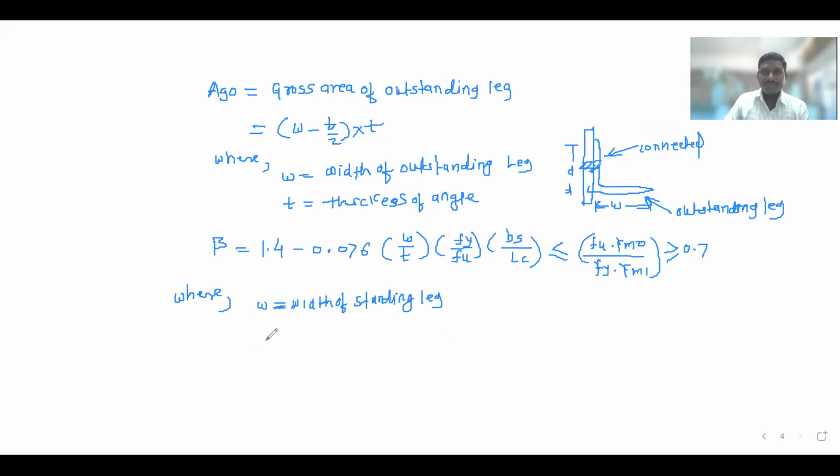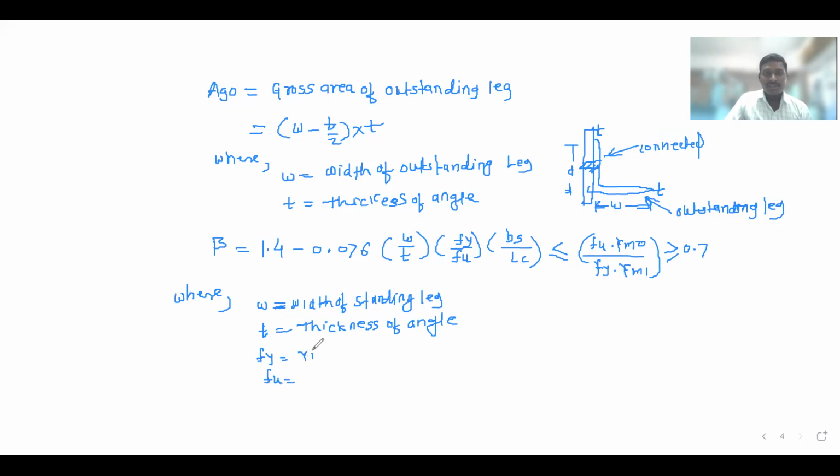Okay. So now the next unknown is T. W is over, then T. What is T? Thickness of angle. This is T. Then Fy is known, Fu is known.